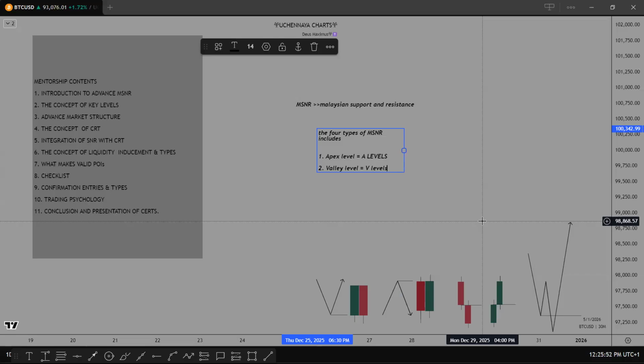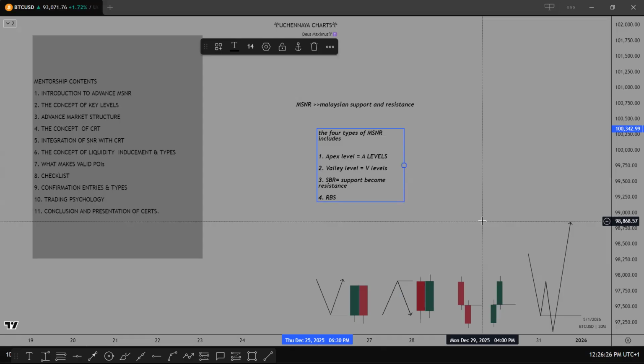And the next one is SBR, that is support become resistance.